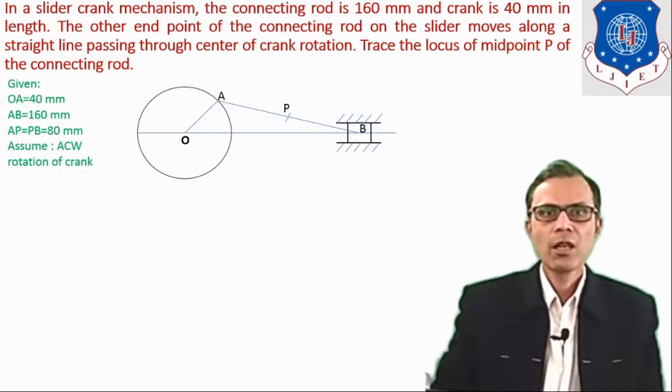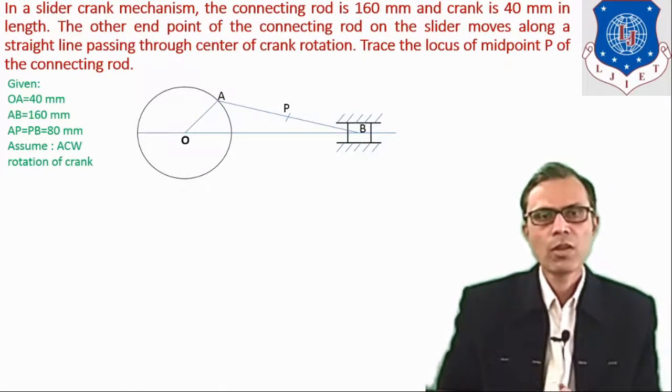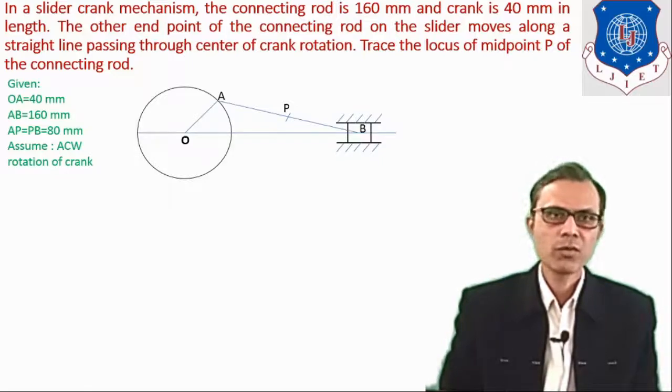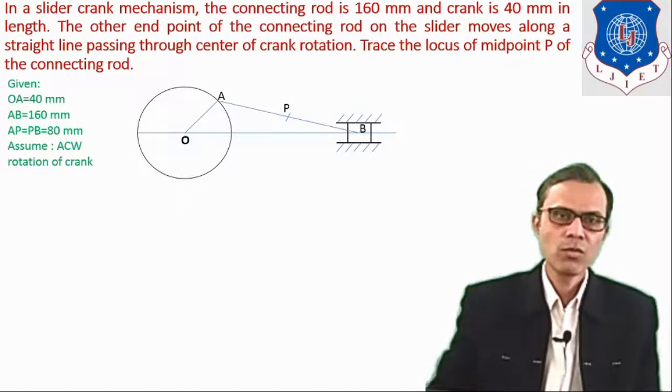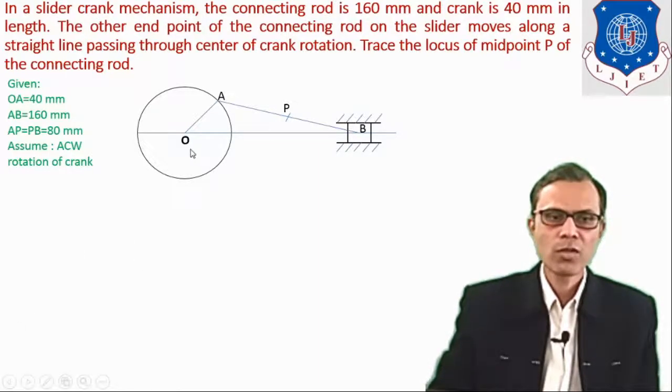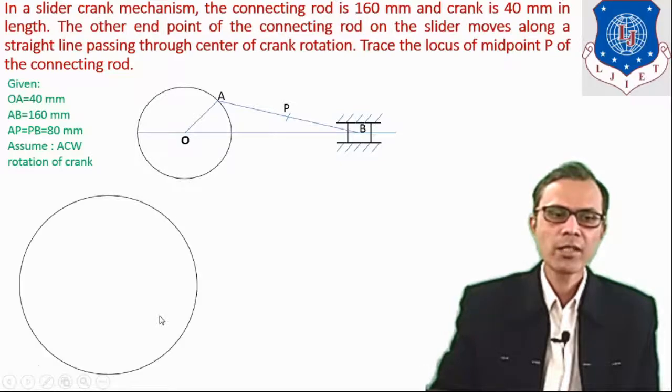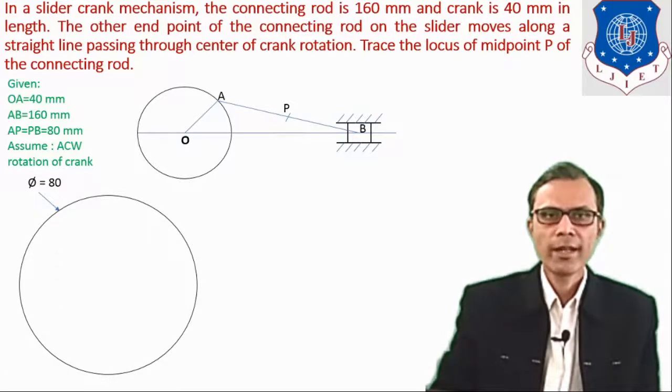Now let's see how the locus of point P can be drawn. For that, first draw a circle of radius 40 mm because the crank length is 40. So take some fixed point as center point and draw a circle of radius 40 mm. Radius is 40, so diameter of this circle is 80 mm. We have to consider different positions of this crank.